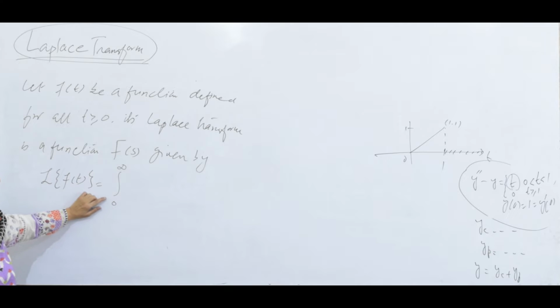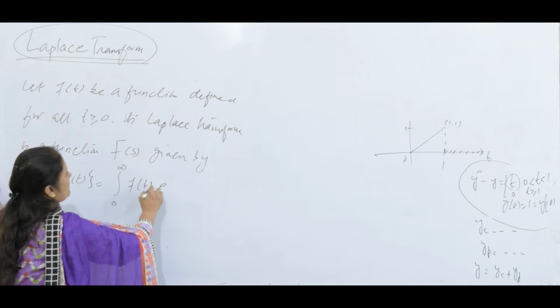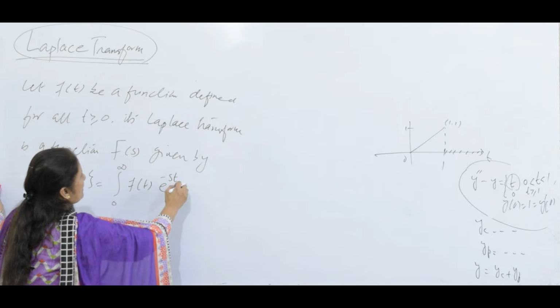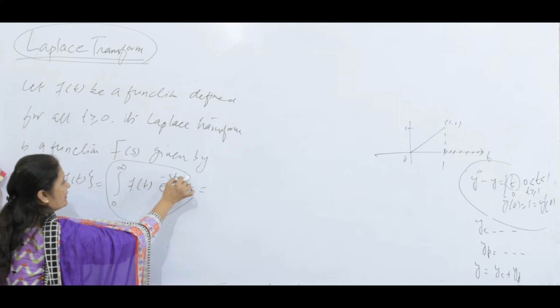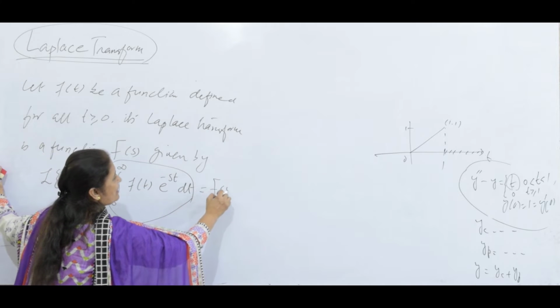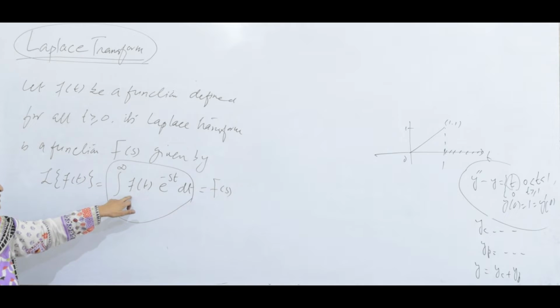That's why in the beginning I discussed that this is an improper integral from 0 to infinity of f(t) e to the minus st dt. And if you are solving this integral, you are getting a function in s. We'll see in a minute how different functions are going to be transformed into a function of s.